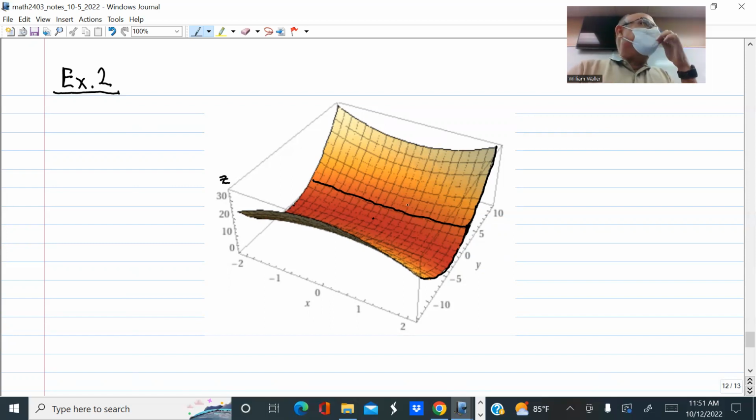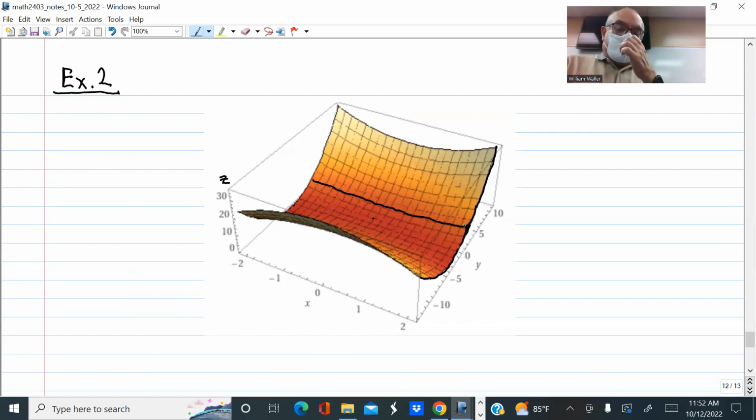It's kind of flat anyway, because the coefficient on the x squared is 3/5, so that flattens out the parabola. It's not a very steep parabola anyway, and we're looking at it from a really bad perspective. But there it is.